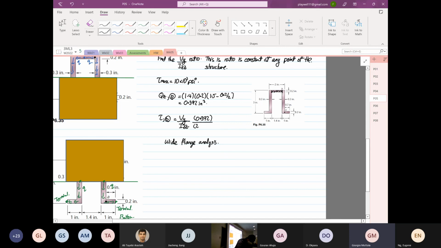We have to divide by 2 down here because it is 2Q. And then the thickness is equal to 0.2. So this is equal to 0.392 divided by 2, divided by 0.2, which is 0.98 Vy over Izz.